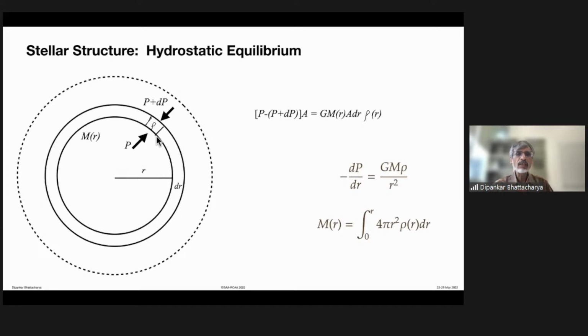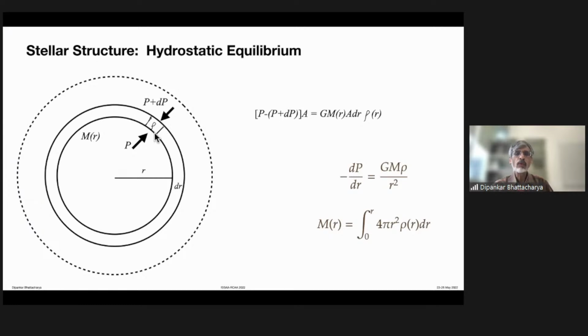The pressure at the bottom of this shell, let's call it capital P. Pressure above this shell, let's call it capital P plus dP. Average density here is rho, as I mentioned. So what is the force on this small piece of material?